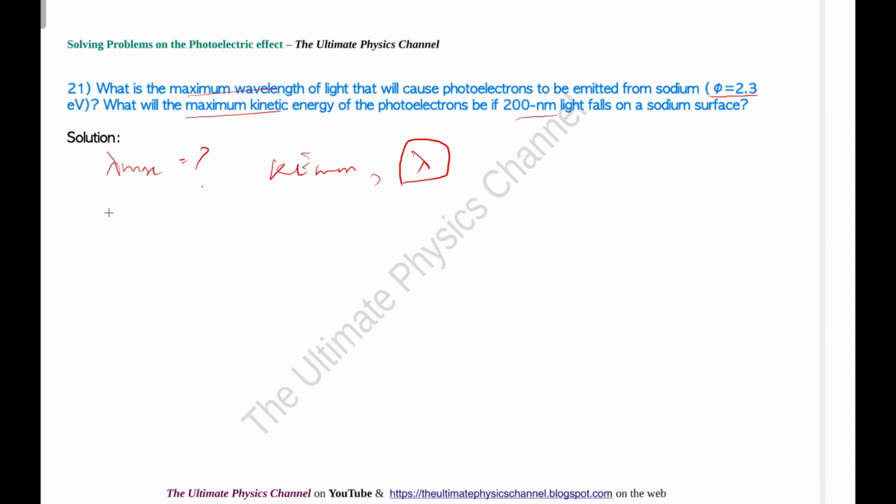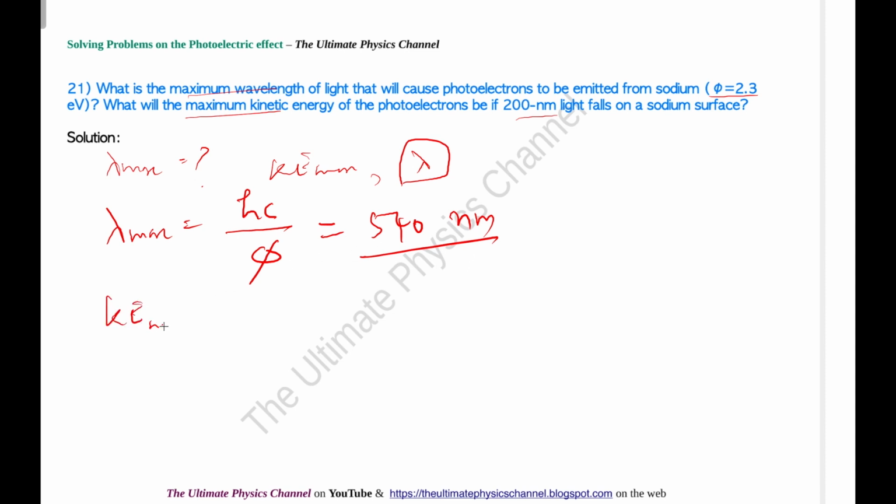So we know that lambda max is equal to hc over phi, and phi of course has to be converted from eV to joule units to arrive at the lambda max in meters. If you do the calculations, you would get 540 nanometers. That's the lambda max you would get. Once you know the lambda max, Ke max can be calculated by doing hc over lambda for the given lambda of 200, minus hc over lambda max.